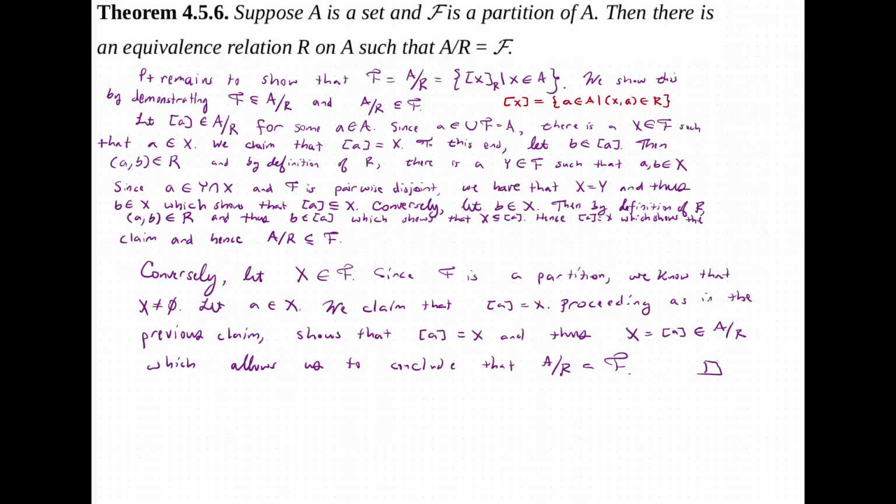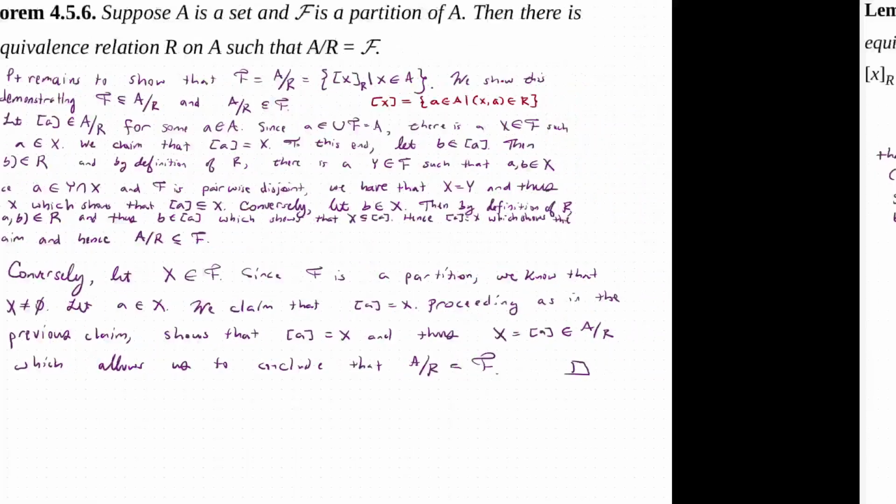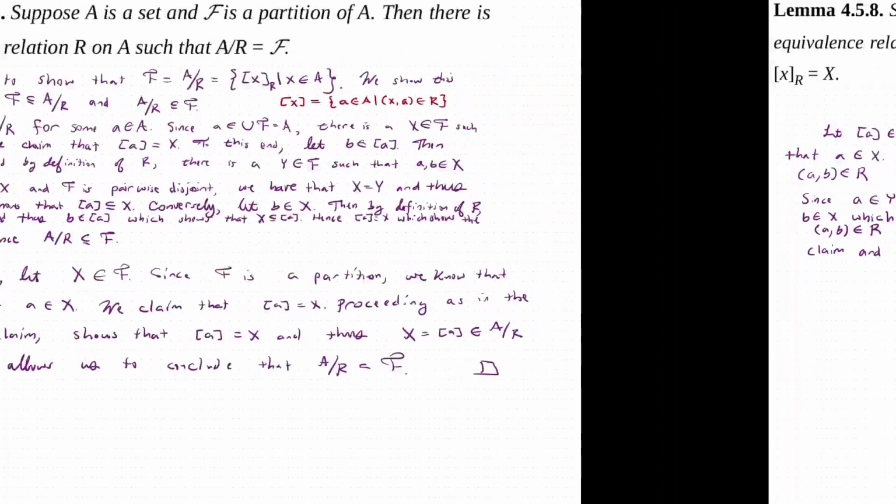So wouldn't it be worth it to separate and isolate that statement and have it as a standalone result that we can then quote later? And that's exactly what the book does. But the thought process is not indicated. So here we proved the statement, and we see that it appeared in two aspects of our proof. So we can copy this chunk of the proof and create a new standalone lemma. And that's what the book does.